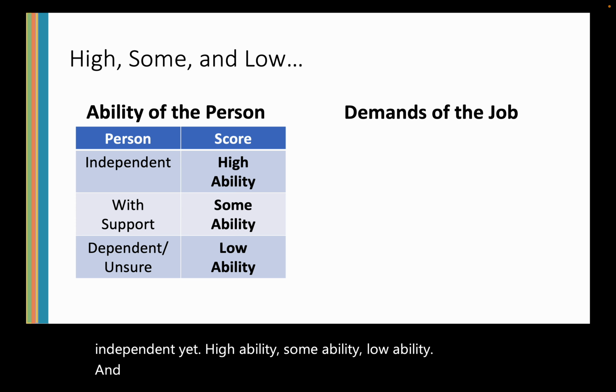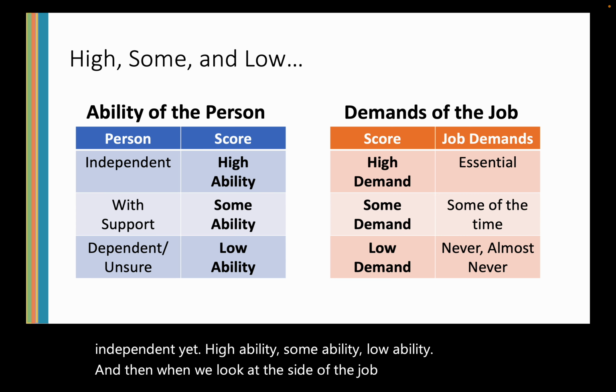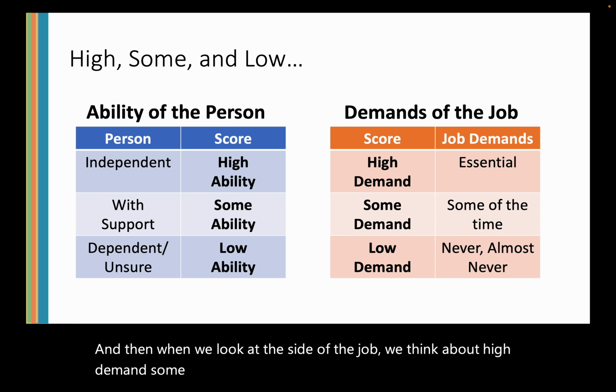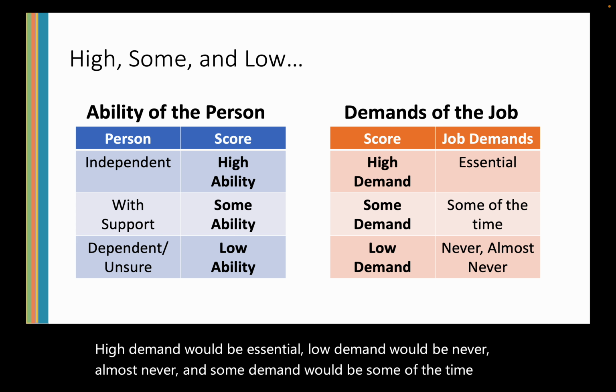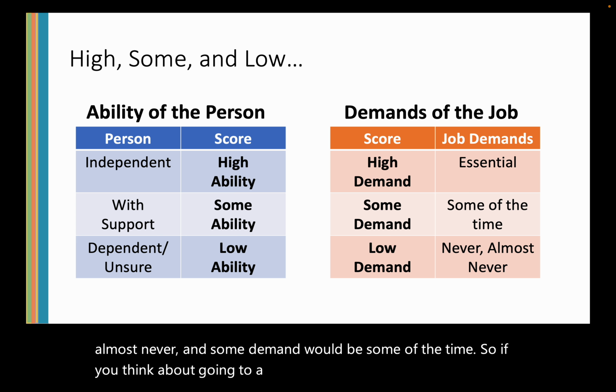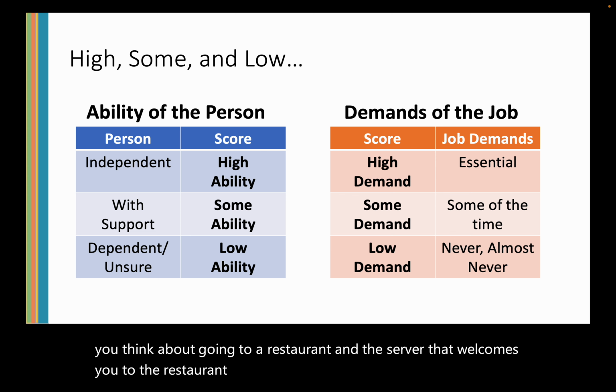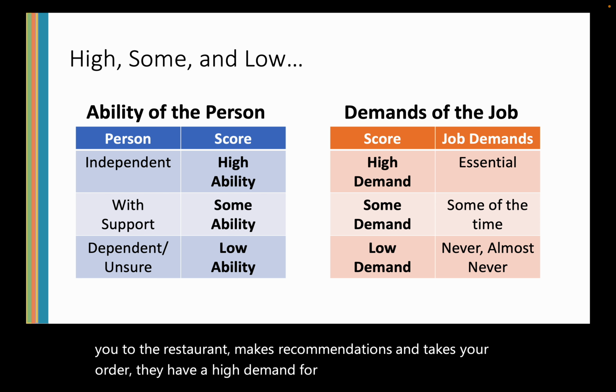And then when we look at the side of the job, we think about high demand, some demand, low demand. High demand would be essential, low demand would be never or almost never, and some demand would be some of the time. So if you think about going to a restaurant and the server that welcomes you to the restaurant, makes recommendations, and takes your order, they have a high demand for interacting face-to-face with the public.